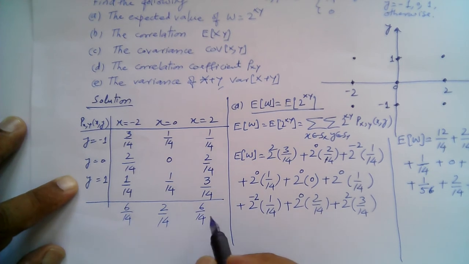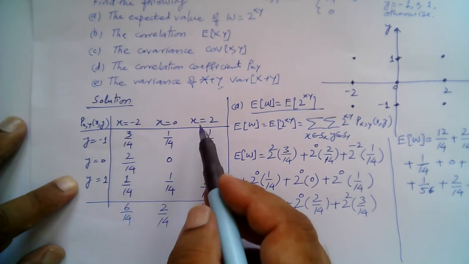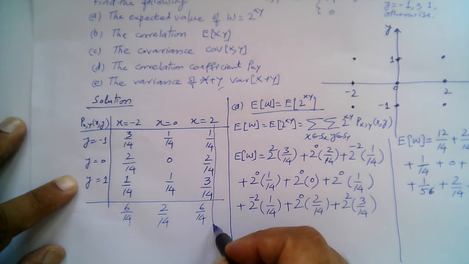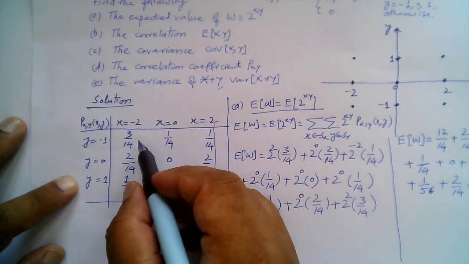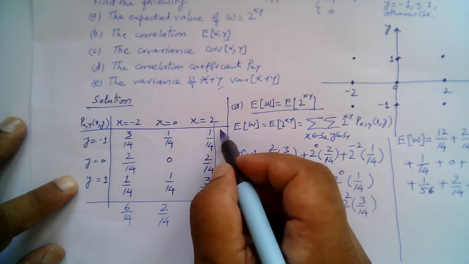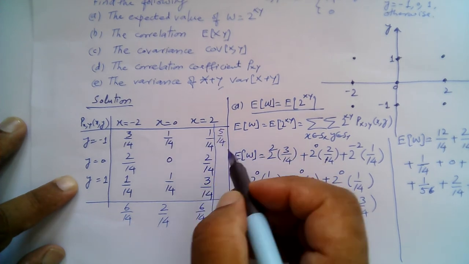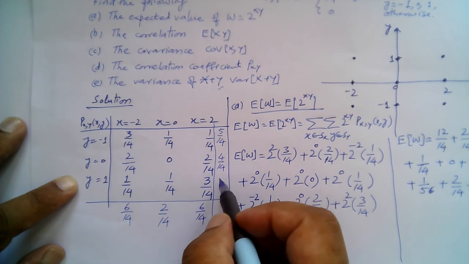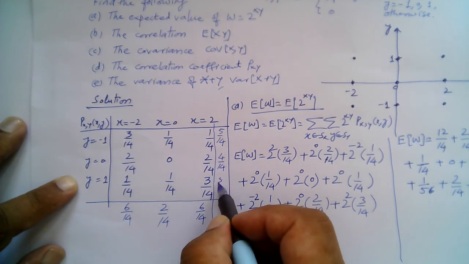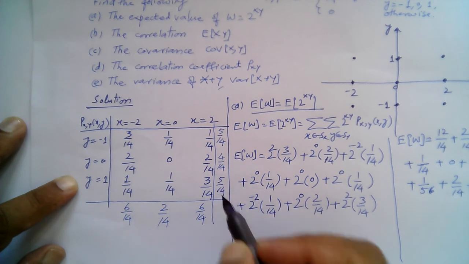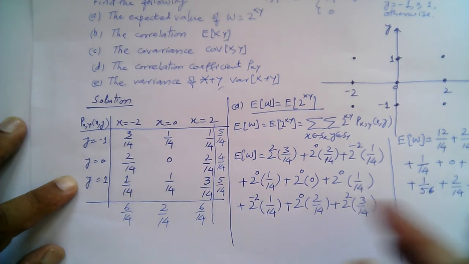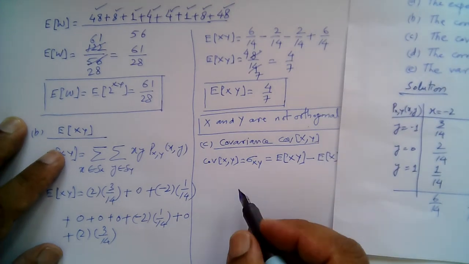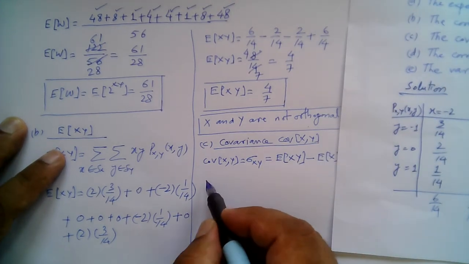So this will give us the probability model for x, and in a similar manner we can calculate the probability model for y here also. So for example 3 plus 1 plus 1, so this is 5 over 14, this is 4 over 14, and this is again 5 over 14. We can write them in a better form like this.